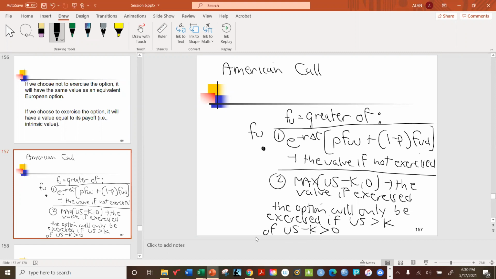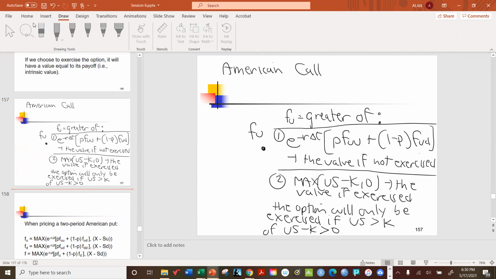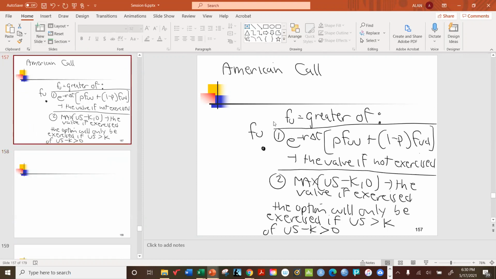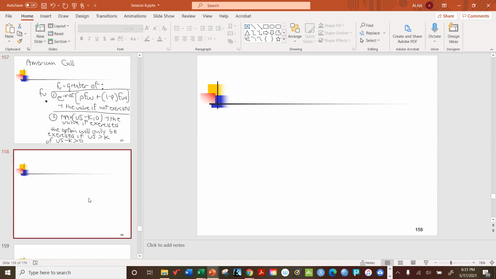So what we're going to do is claim that what we're actually comparing is, technically, yes, these two, but we could simplify this a little. Basically, what we're going to do is pick the following.